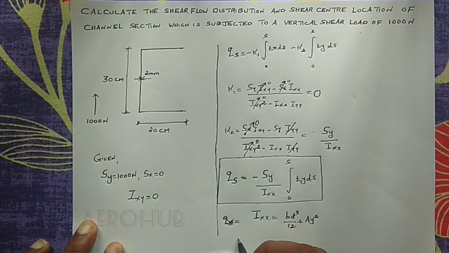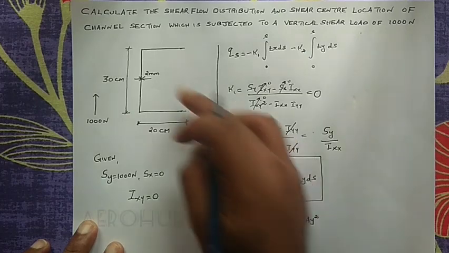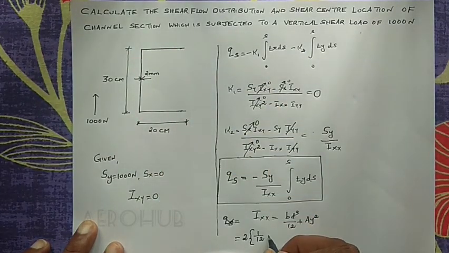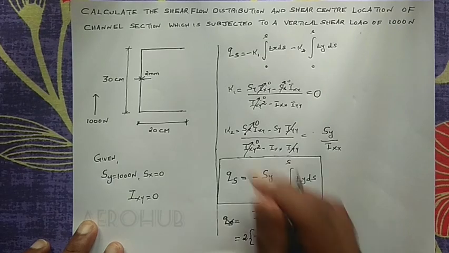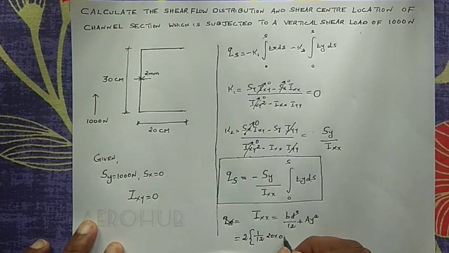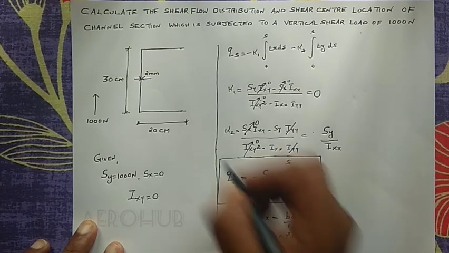So I will write multiply 2 into 1 by 12 for flange. The value of b is 20 centimeters, so it will be 20, and the d will be thickness. This is 2 mm, so it will be 0.2 cube plus area. Area is 20 into 0.2 and the y value.